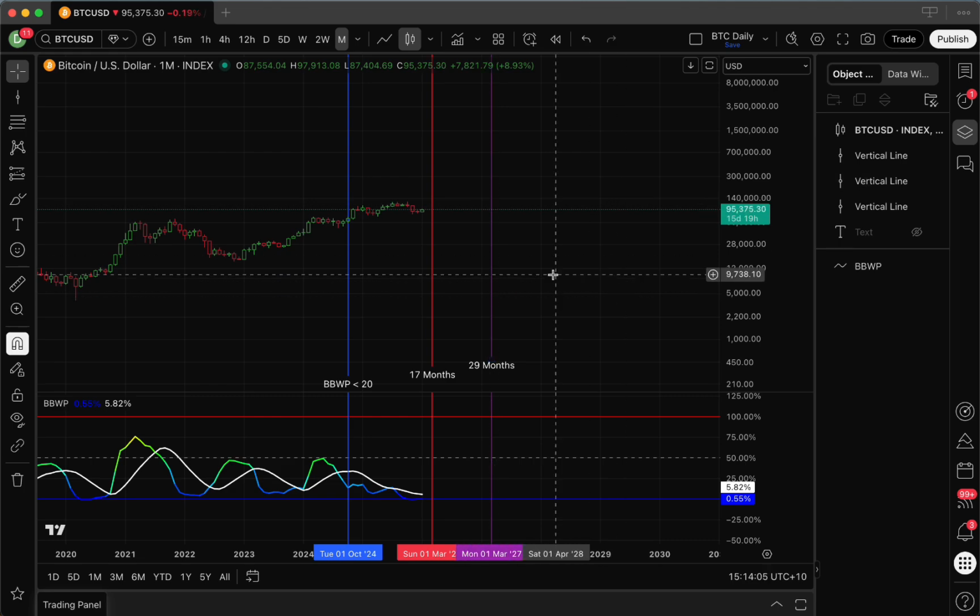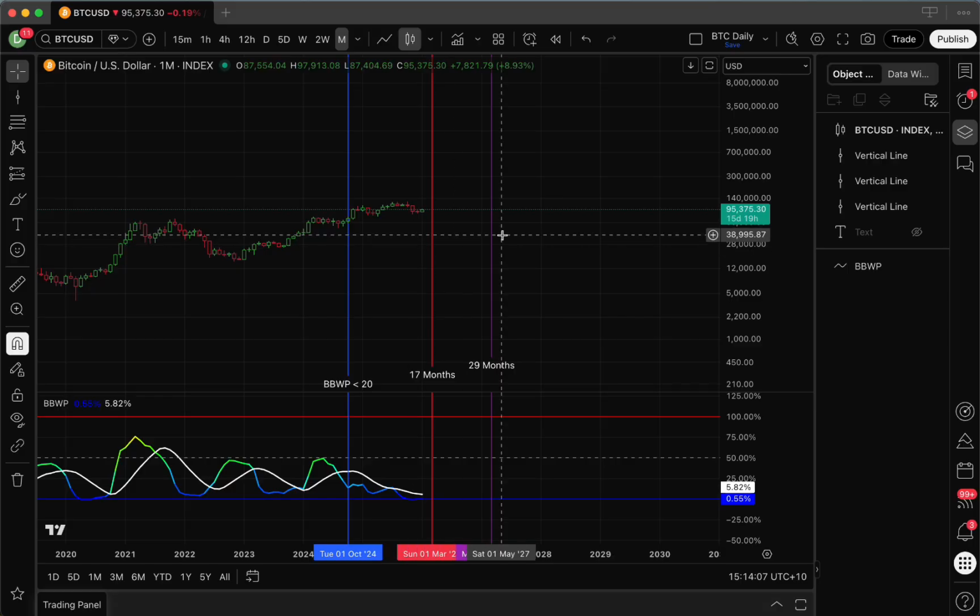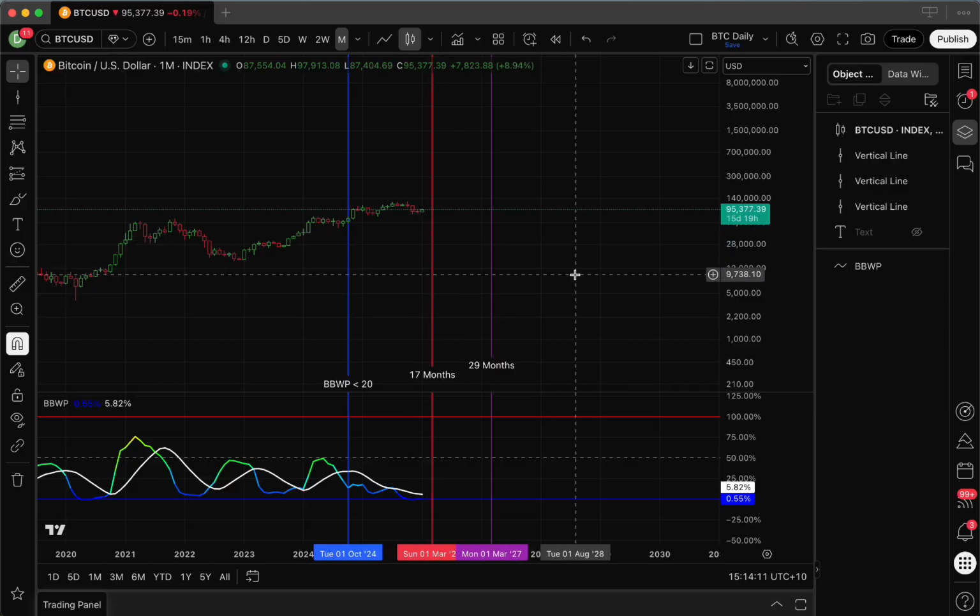And so we have a little bit of a window implied by those two historical cases. Now, it doesn't necessarily define a target or even a timeline. It just outlines a potential range based on the very limited precedent that we have.